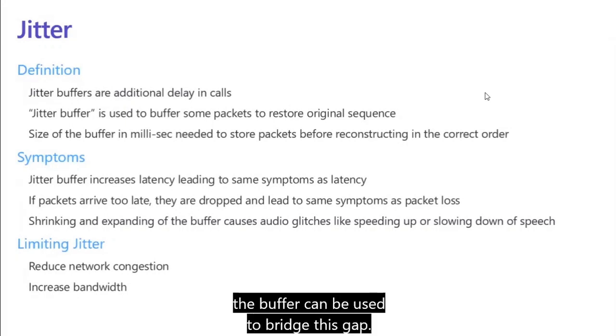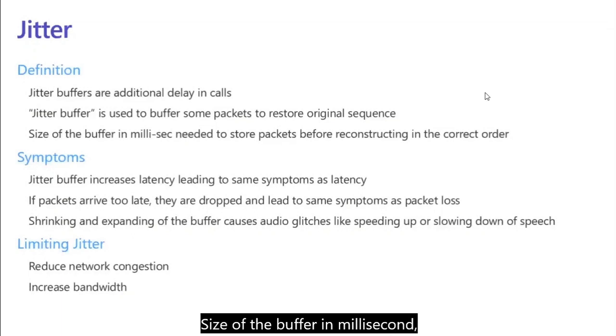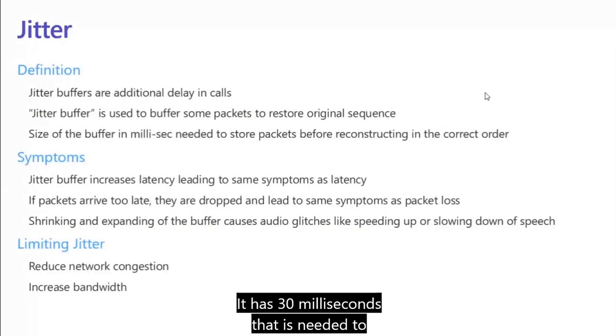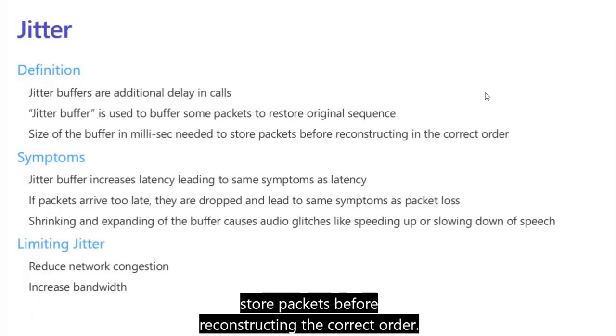The buffer can be used to bridge this gap. Normally, the jitter buffer is used to buffer some packets to restore the original sequence. The size of the buffer in milliseconds, which we define as 30 milliseconds, is needed to store packets before reconstructing the correct order.